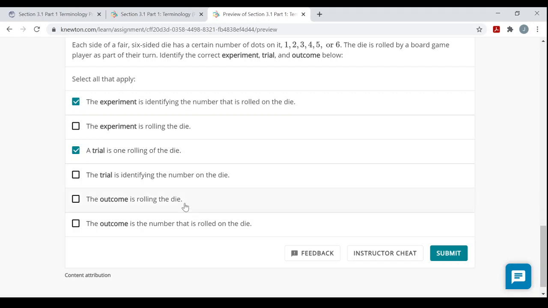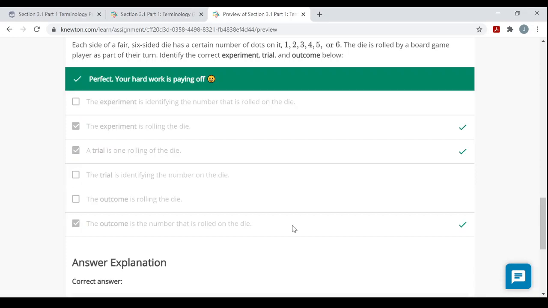Because, again, the rolling of the die is a trial, what the person's doing. So I'm going to say the experiment is rolling the die. A trial is one rolling of the die, and the outcome is the number that appears. And yes, okay.